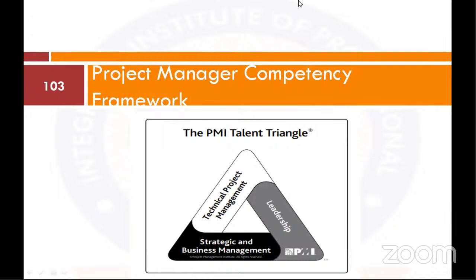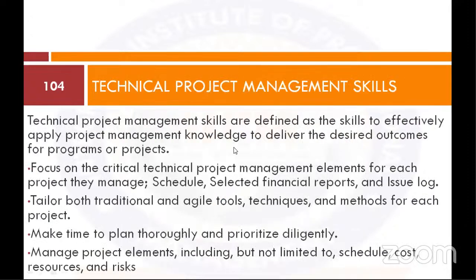All right, okay. So if you look at all of the things we've been discussing, they're all revolving around these three basic competencies. The technical project management skills are defined as the skills to effectively apply project management knowledge to deliver the desired outcome for programs or projects.